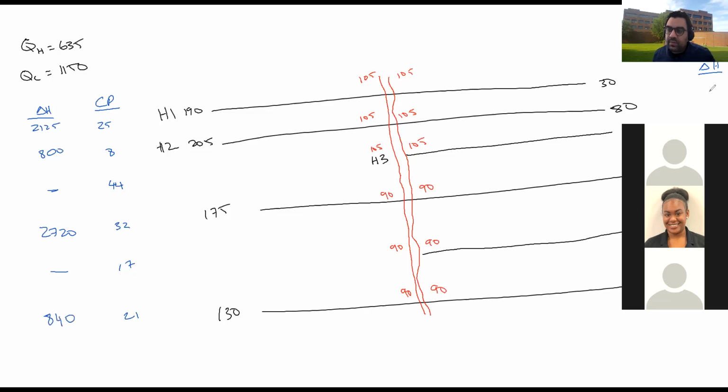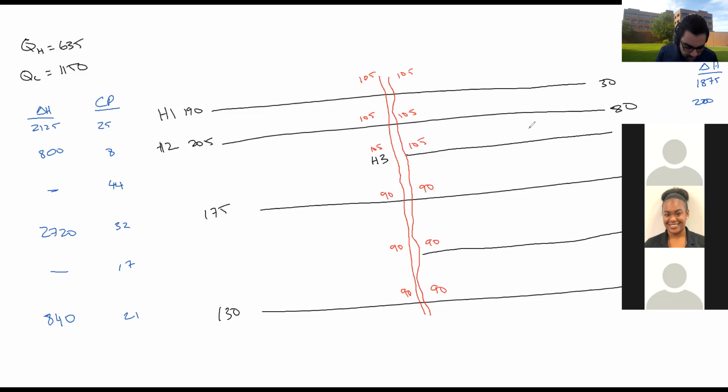I'm going to do the same thing below the pinch. So for H1, 105 minus 30, 75 multiplied by the CP, so it's 1875. For H2, 80 to 105, so 105 minus 80, 25 multiplied by the CP, which is 8. So I get 200.